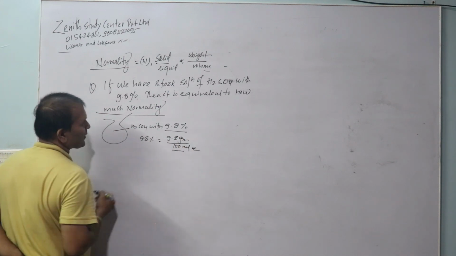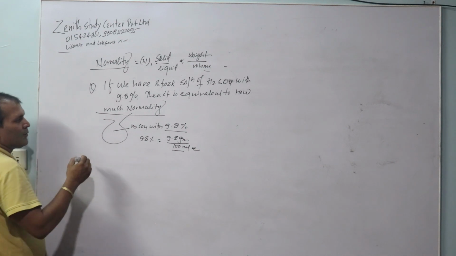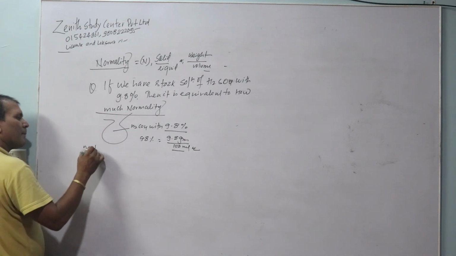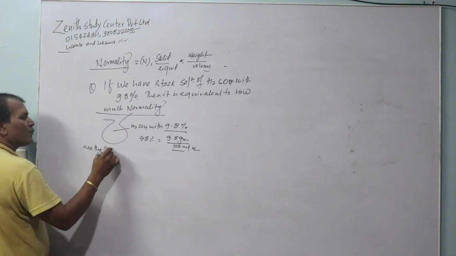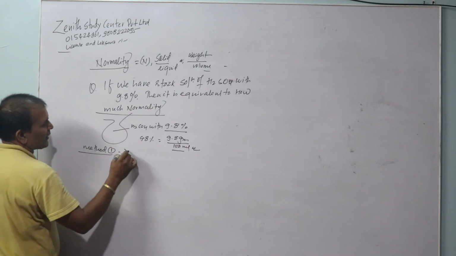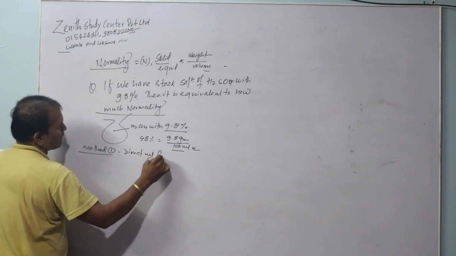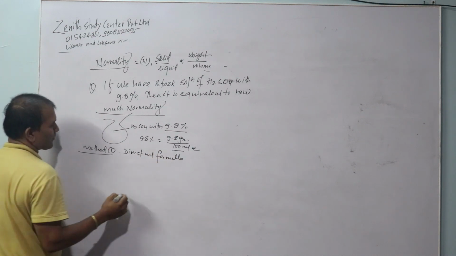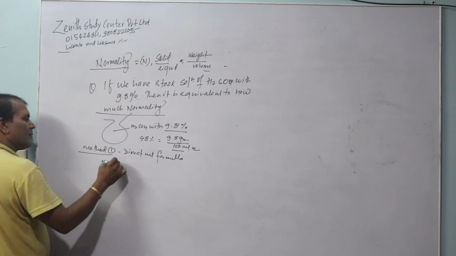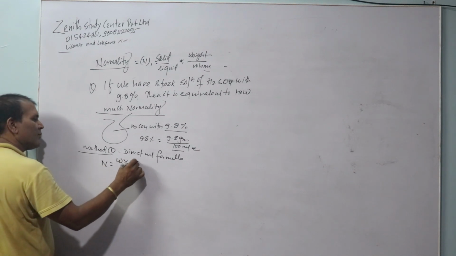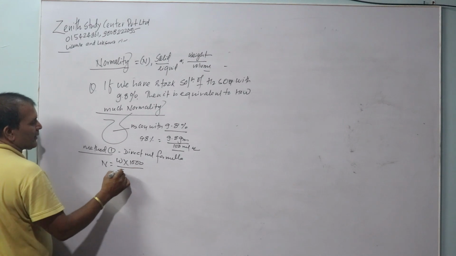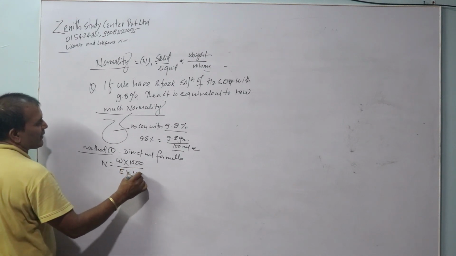So you can use the ml formula. Method 1, direct ml formula. So what is the ml formula? N is equal to W into 1000 by E into V ml.